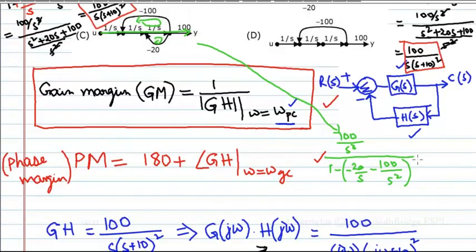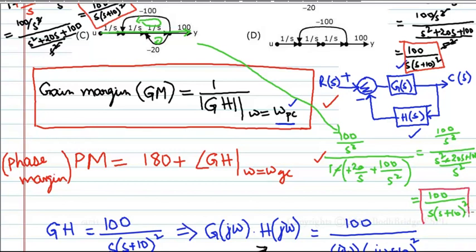Taking s square common, minus of minus is plus, so S square plus 20s plus 100, which is equal to 100 by s into s plus 10 whole square.